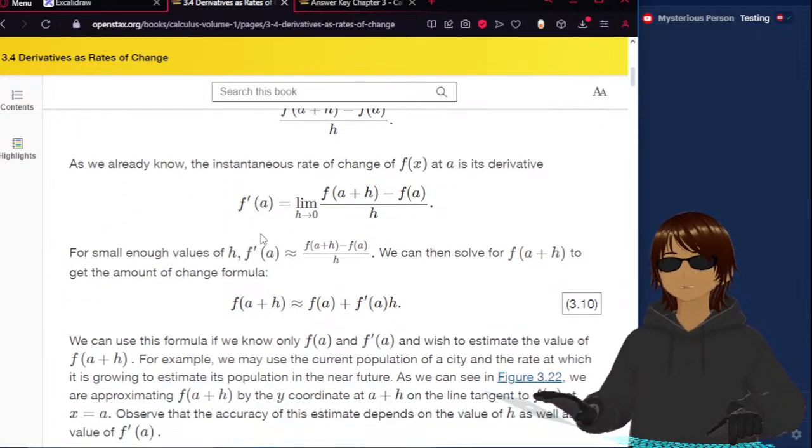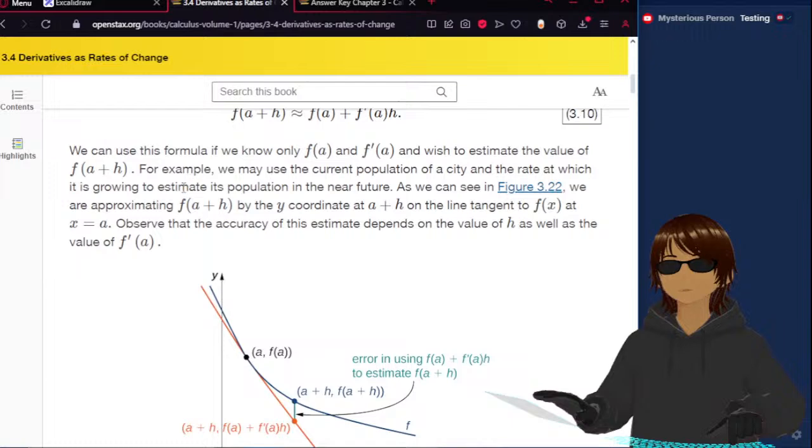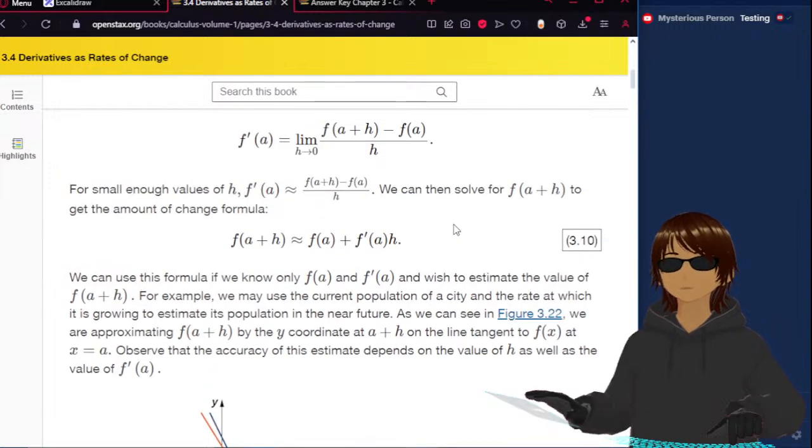So we already know what the derivative is, and this gives us this formula. For small enough values of h, the derivative is approximately equal to f of a plus h minus f of a divided by h.